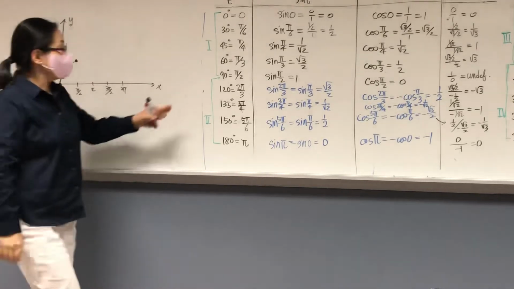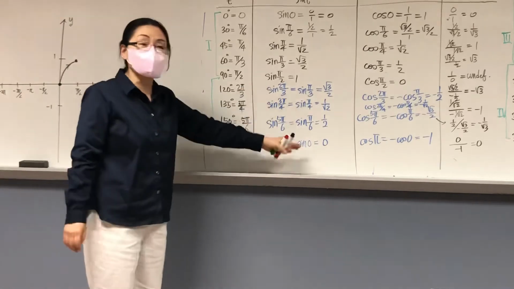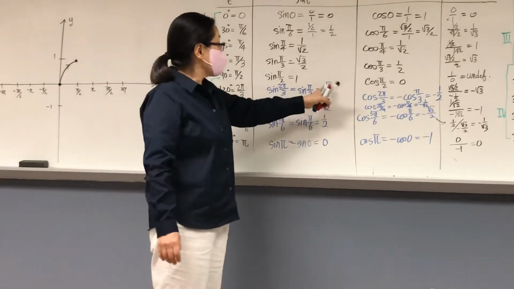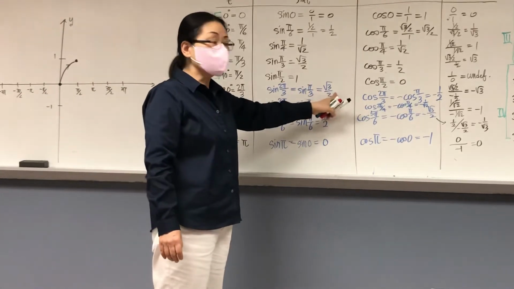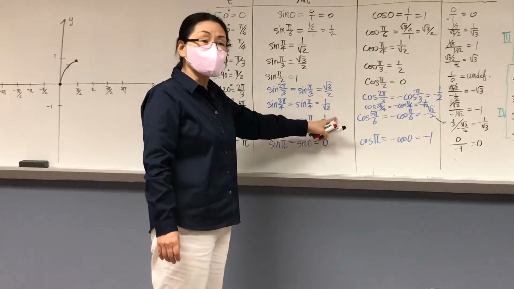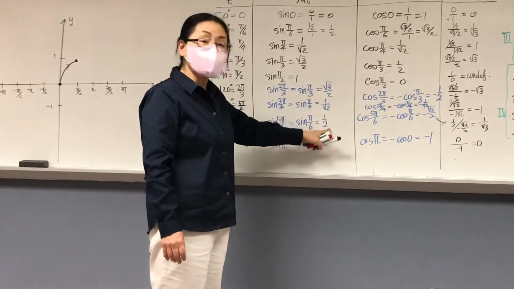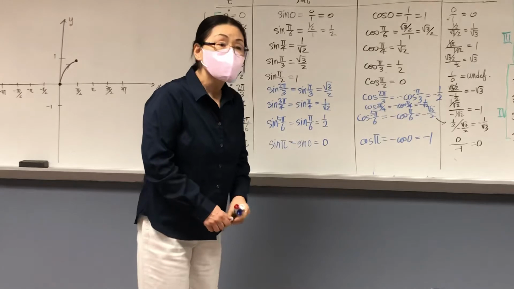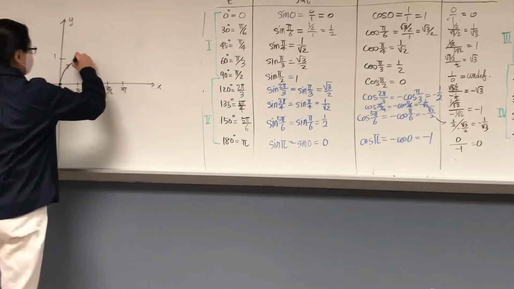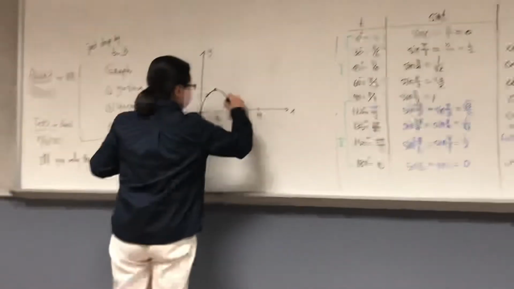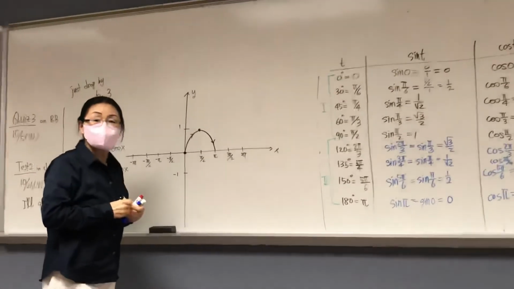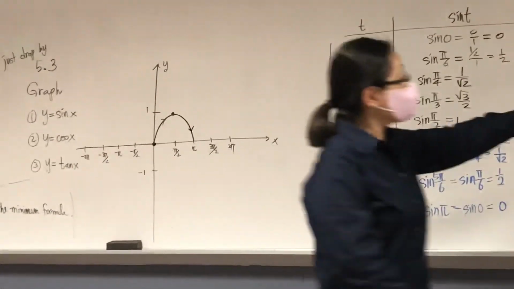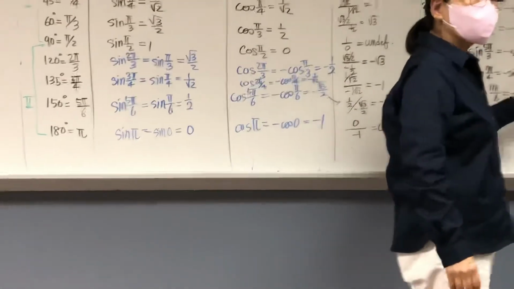At the second quadrant, still positive, right? Here 1/2, square root of 3 over 2, and then square root of 2 over 2, and then 1/2, and then until 0. It's going down. Let's go to the third quadrant. All negative, right?